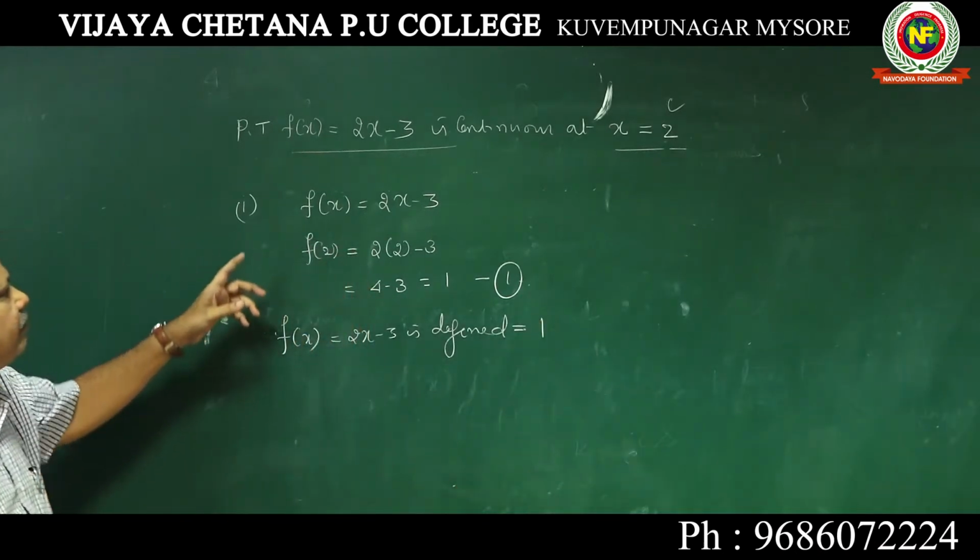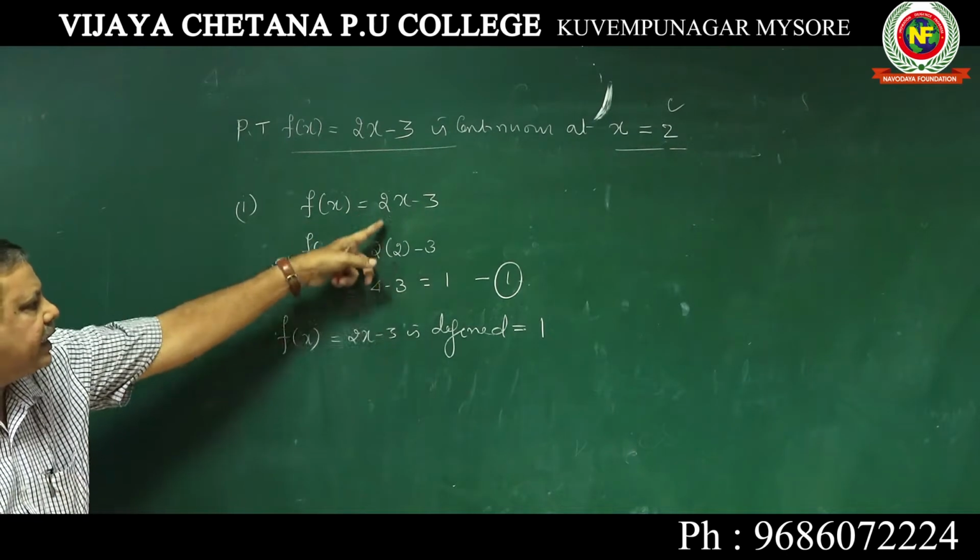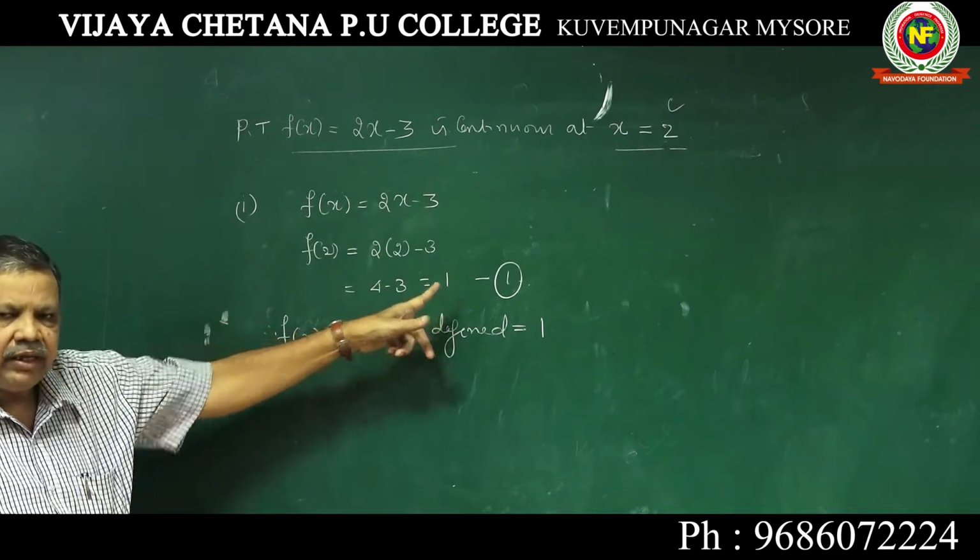Please note, take f of 2, put x equal to 2, just simplify, you get 1.